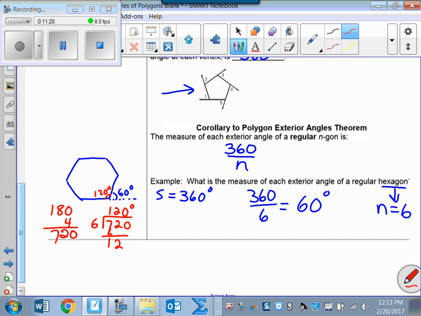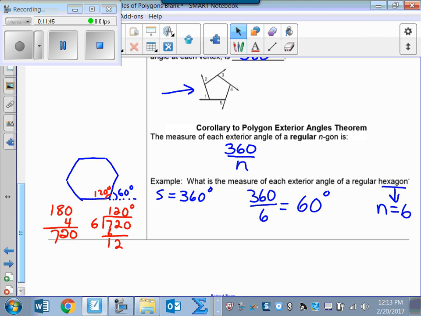So just as I figured. This little thing that I'm showing you here will come in handy in just a little bit when we start figuring out what individual angle measures are with respect to certain n-gons.